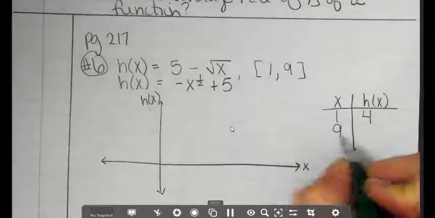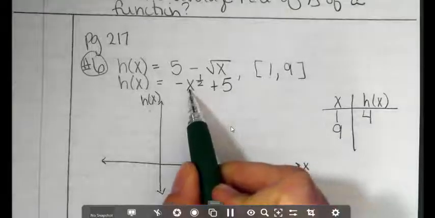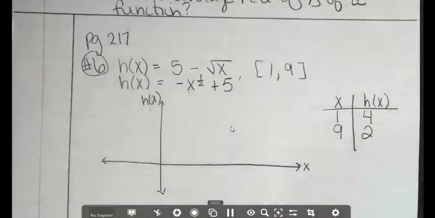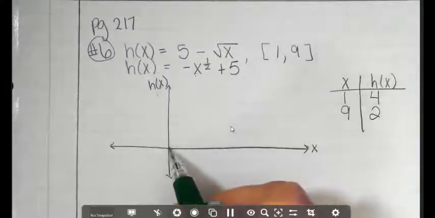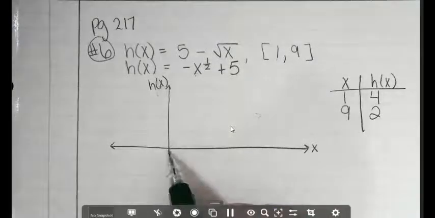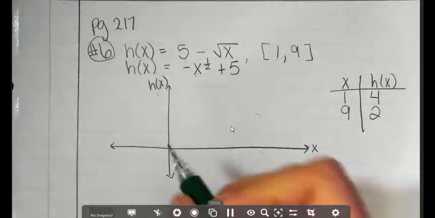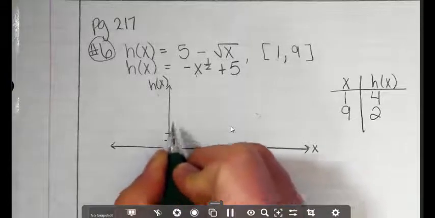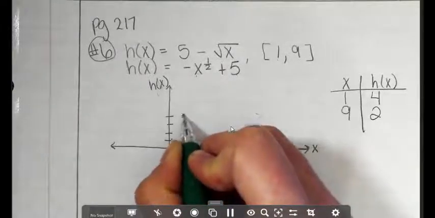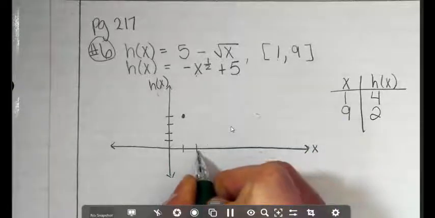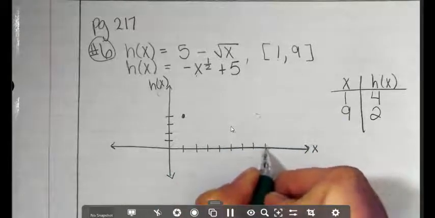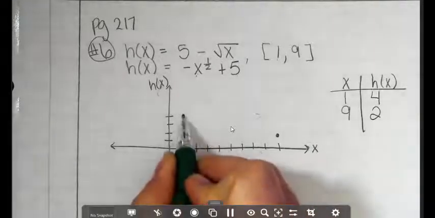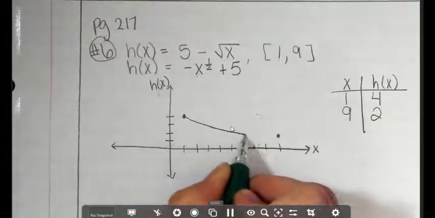And when I plug 9 in, the square root of 9 is 3, so negative 3 plus 5, so I'm going to end up with 2. So originally it's this graph, but now it's flipped upside down, and then it's also raised up 5. So it'll look something like this.